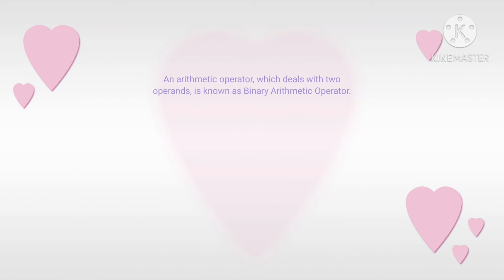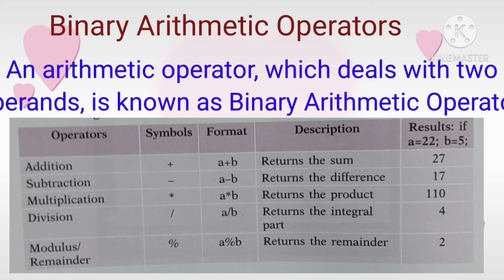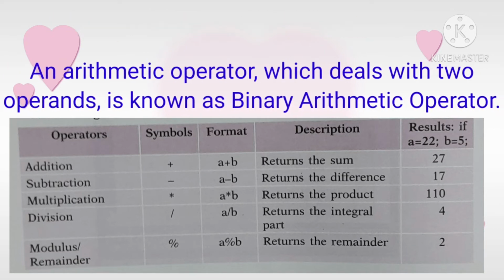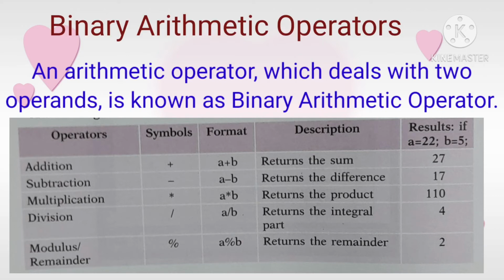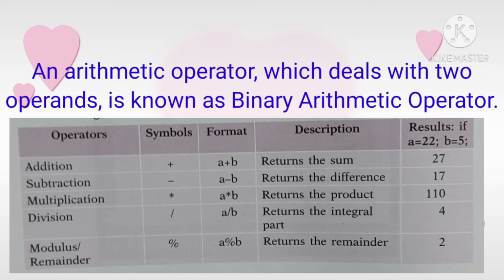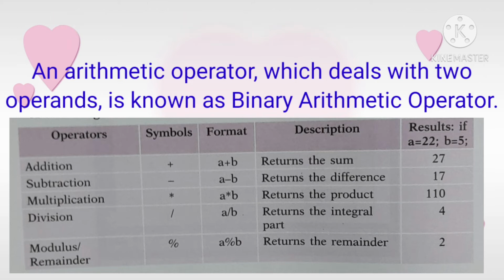Binary arithmetic operator: an arithmetic operator which deals with two operands is known as a binary arithmetic operator. So we can see there addition, the symbol is plus, a plus b. If a's value is 22, b's value is 5, then the result will be 27.